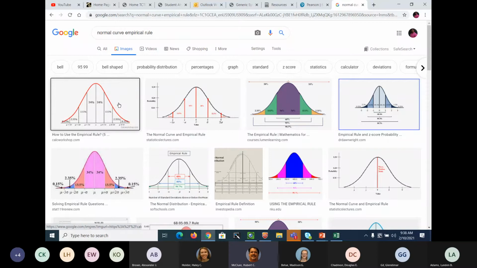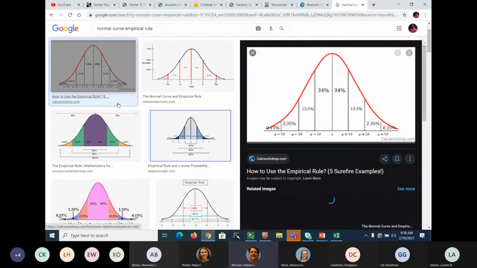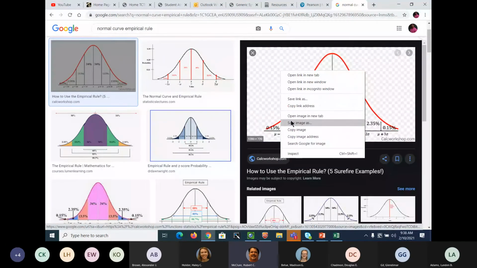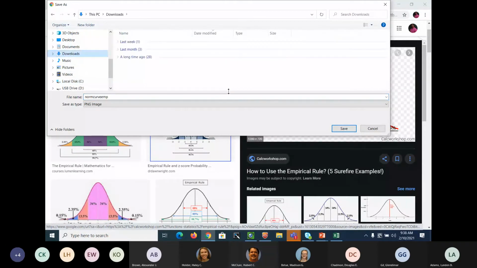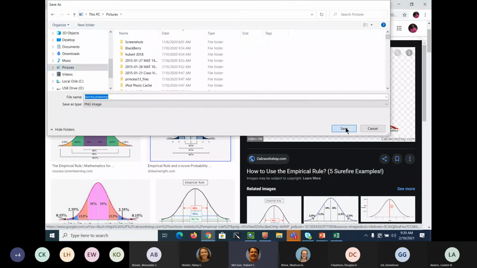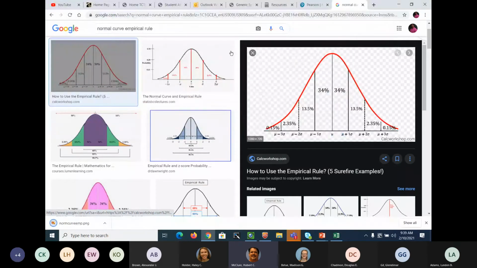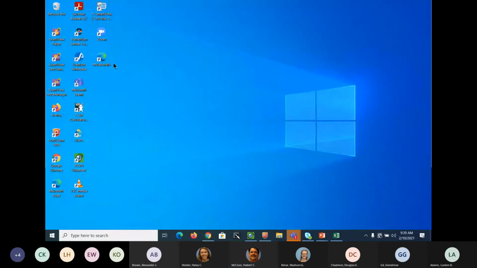Okay, and save. That was 4 buttons. Save image as normal curve empirical, and we're going to save that in downloads or in pictures. And save. And go to a word processor. So we're talking about 5 buttons now.